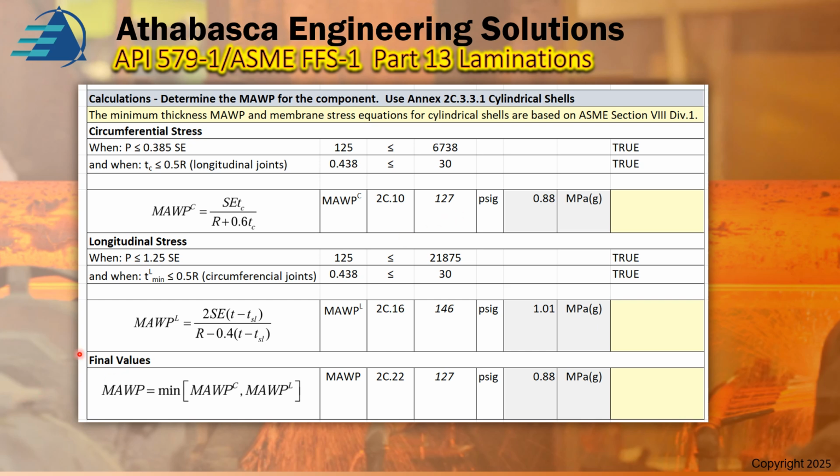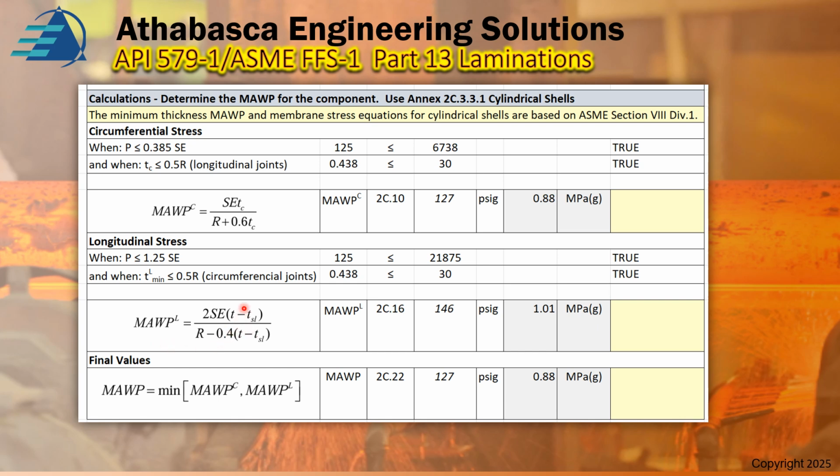Then we go down to here and we look at the longitudinal stresses. We have a couple more checks here, except instead of 0.385, we use 0.125. Then we do this check as well, and we find them both true, so we can use this equation. This equation has been rearranged, and it's a bit different.